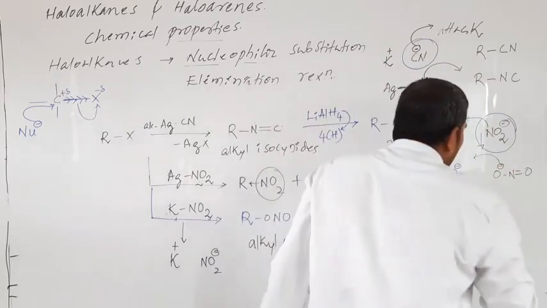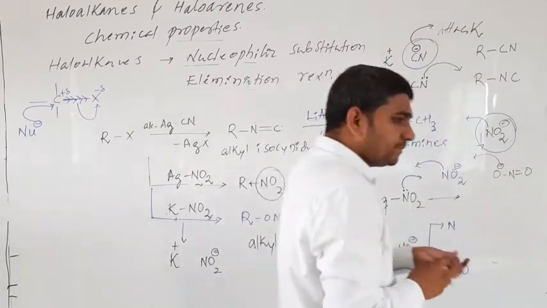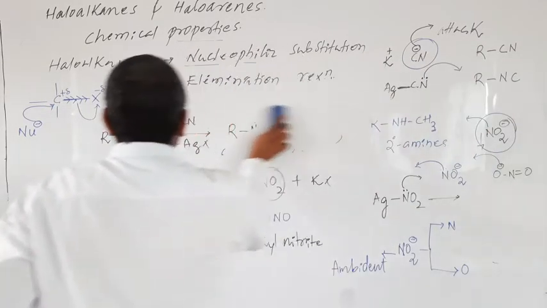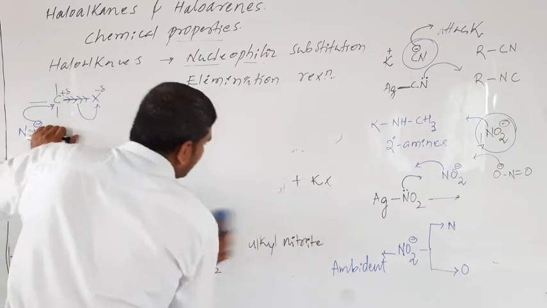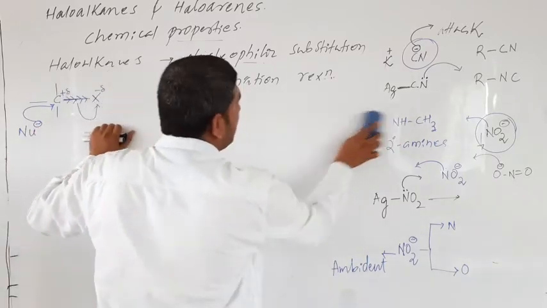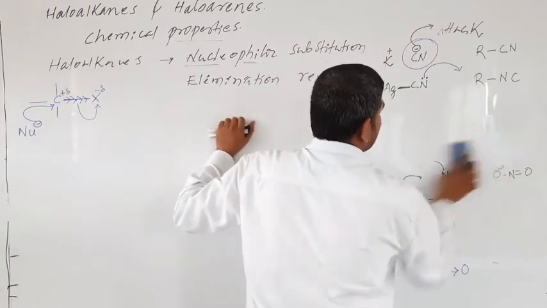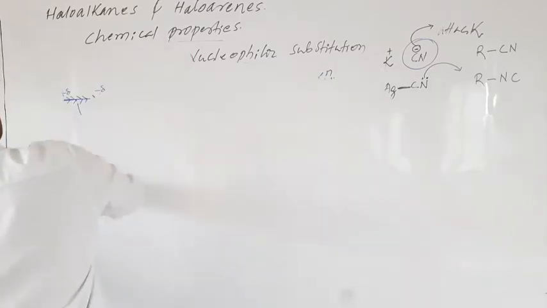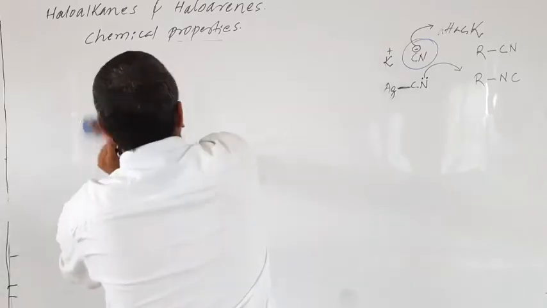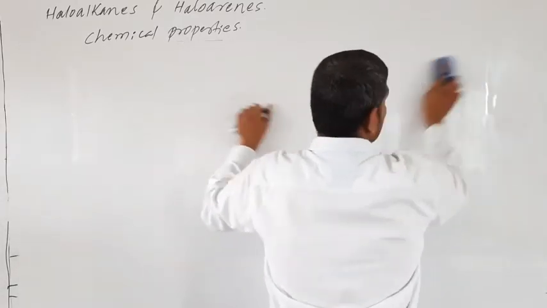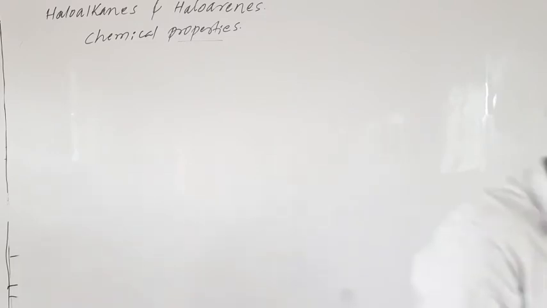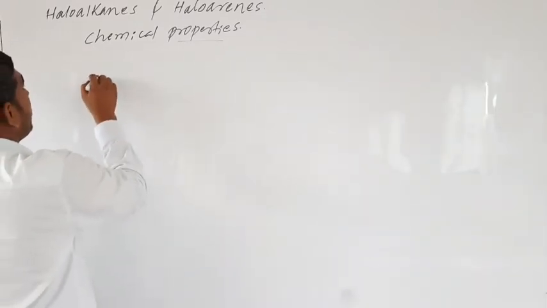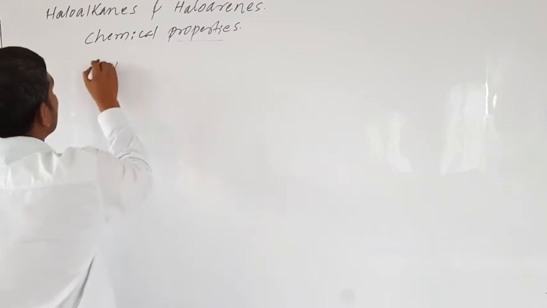Why? When the cyanide anion attacks, it attacks through two different donor sites.